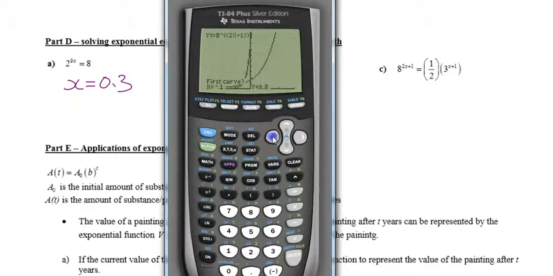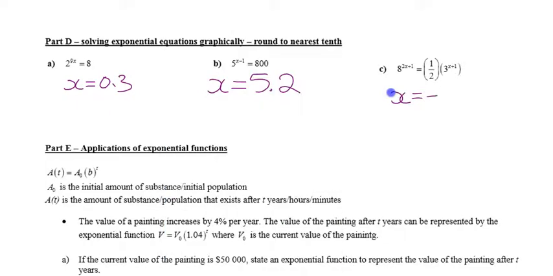I'm just going to come left a little bit. First curve, second curve, and guess. And we get -0.5. I set the calculator so it would round to 1 decimal for us, so we don't have to do the rounding ourselves.